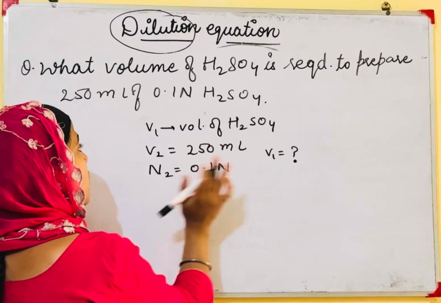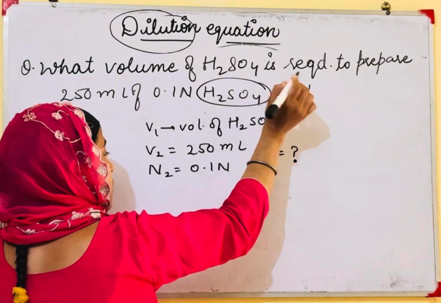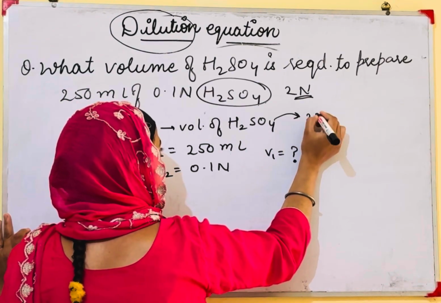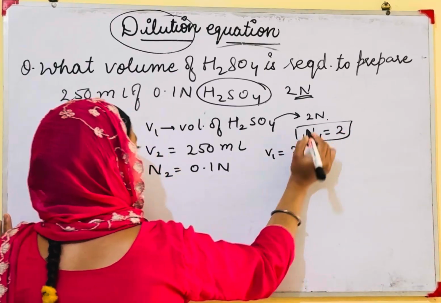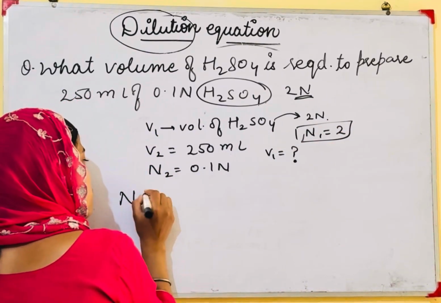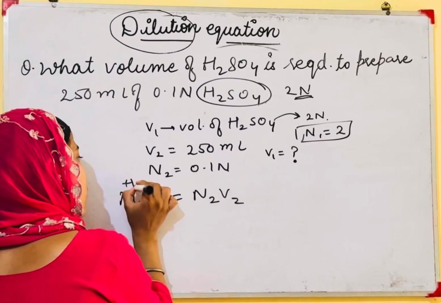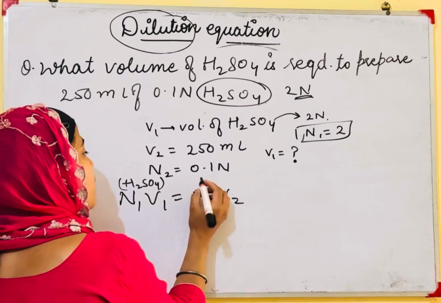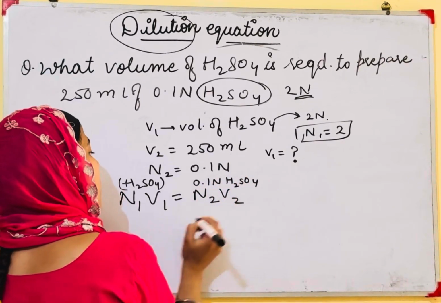We already know the normality of this H2SO4 is 2 normal. So this will be the actual normality of this solution, 2 normal. So N1 equals 2. Now, by applying the equation N1V1 equals N2V2, this is the value for H2SO4 and this is the value for the 0.1 normal H2SO4 which we have to make.